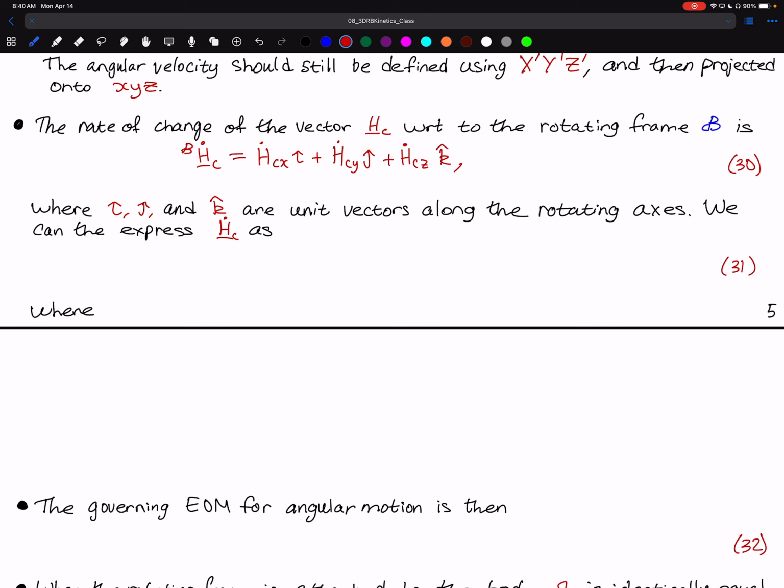We simply projected this rate of change of angular momentum onto those.